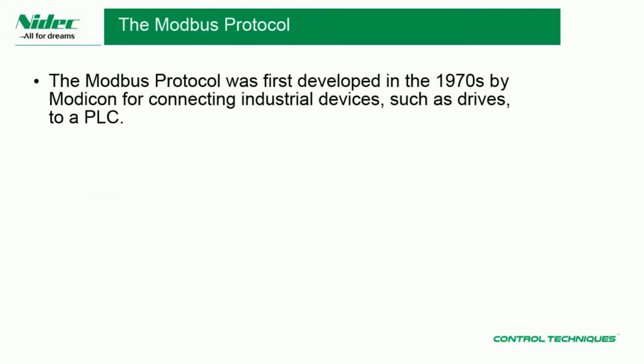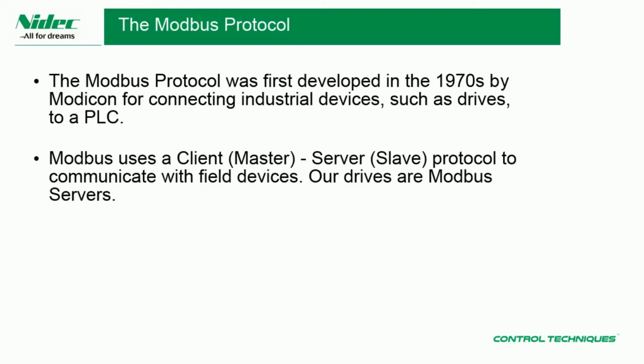The Modbus protocol was first developed in the 1970s by Modicon for connecting industrial devices, such as drives, to a PLC. Modbus uses a client or master, server or slave protocol to communicate with field devices. Our drives are Modbus servers.